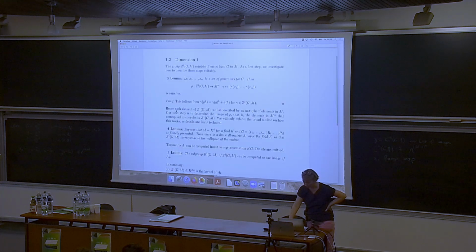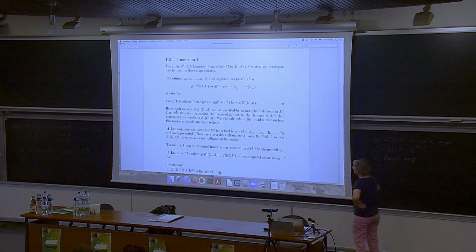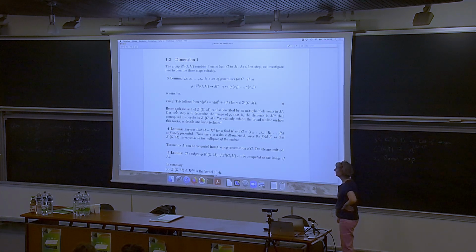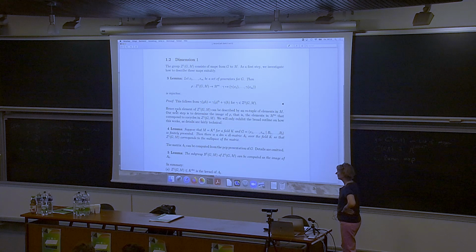Dimension 1. All right, so again, dimension 1. Now we have maps from C2 to C1. Want to have kernel and perhaps image of all of this. So Z1 consists of maps from G to M. And we would like to have again a description in the same form as for Z0. So at the first step, we need to somehow make it smaller.